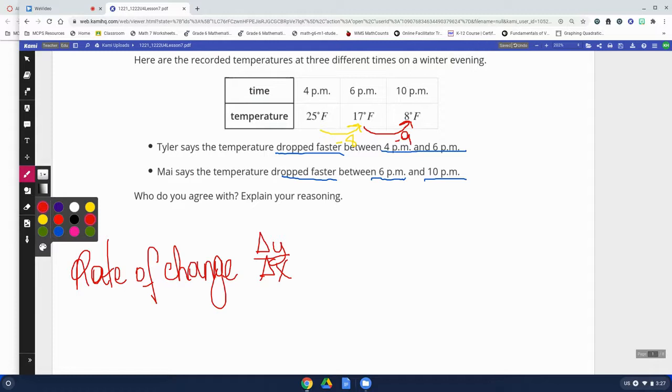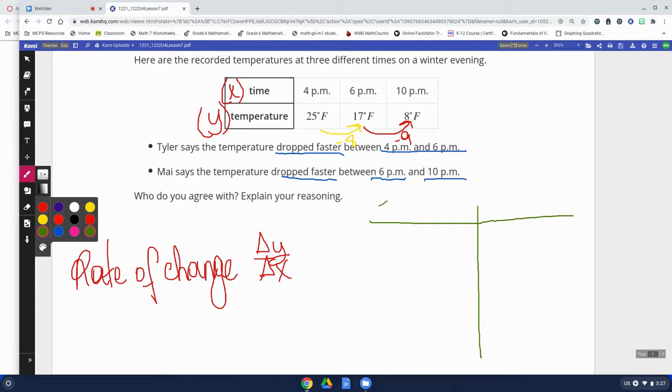Now which is which? Remember, we always talk about how time seems to be the master of everything. The independent variable here is time, because the temperature changes according to the time. So the independent variable is going to be x. The dependent variable is going to be y. So let's talk about the two different scenarios.